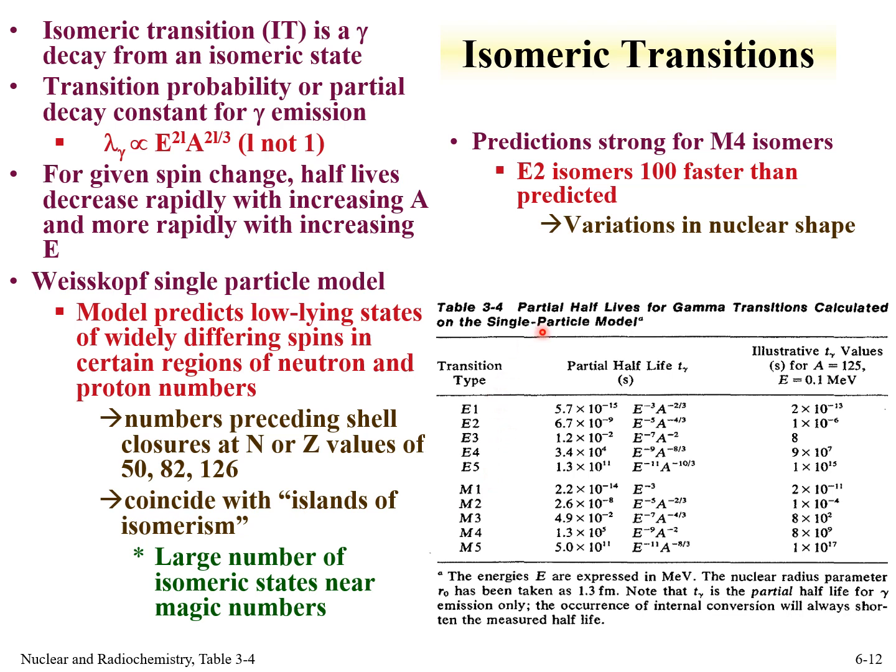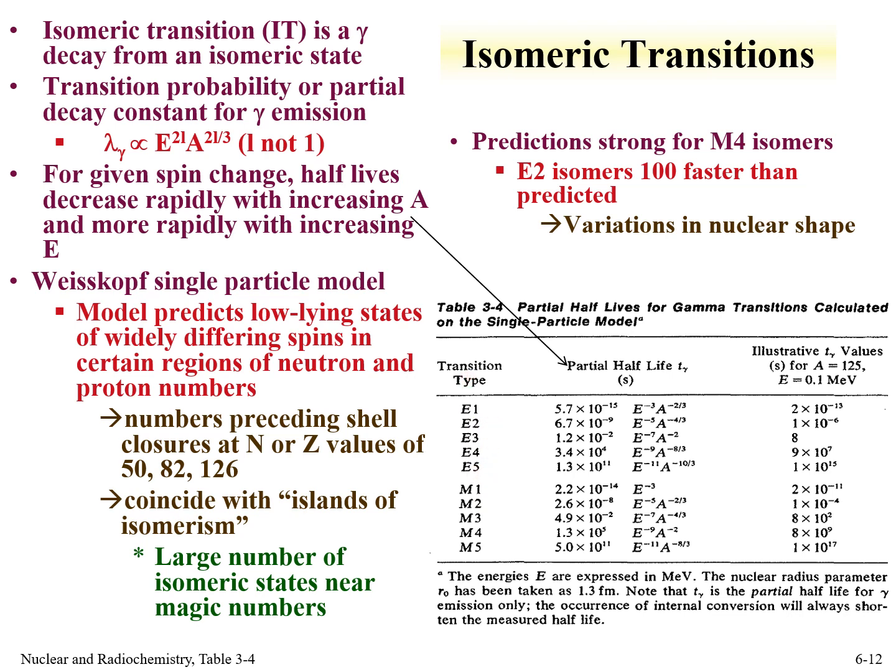Examples are shown here on this table where we can evaluate a partial half-life based upon the A and the E. These are for different transitions, so the L is built into the transition types.